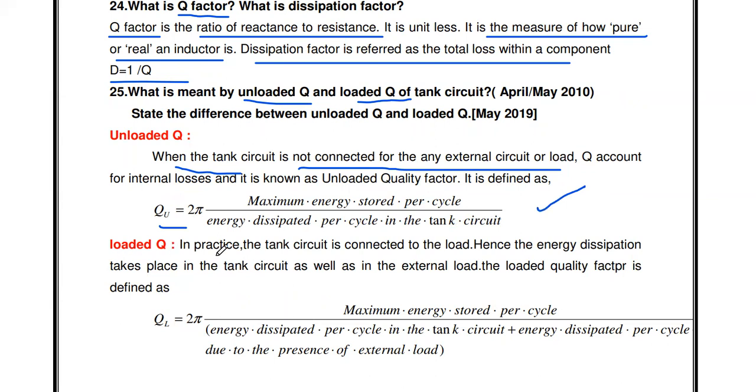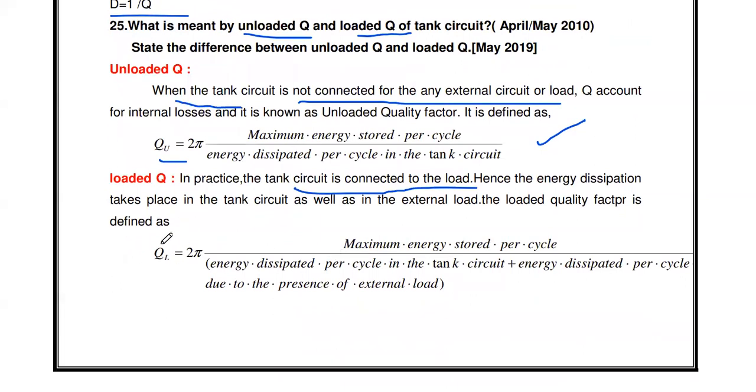Similarly, loaded quality factor means the tank circuit is connected to some load or external circuit, and the quality factor offered by the tank circuit at that time is called the loaded Q. So QL equals 2 pi into maximum energy stored per cycle divided by energy dissipated per cycle in the tank circuit plus energy dissipated per cycle due to the external load. This is the difference between loaded Q and unloaded Q.